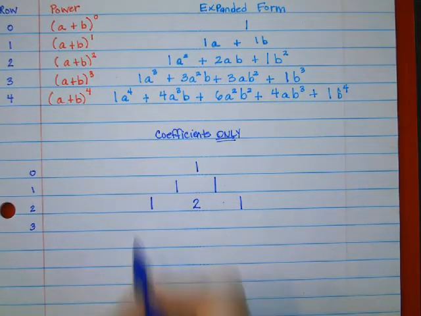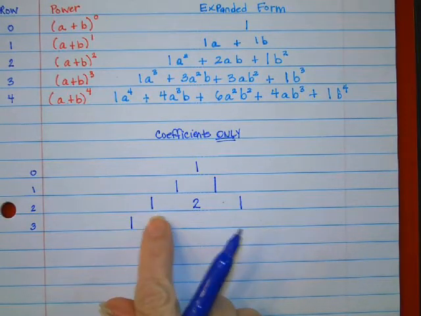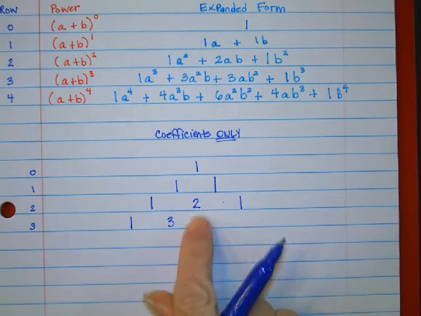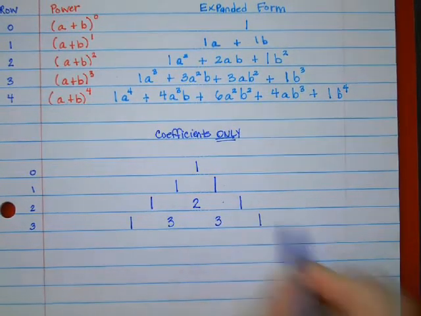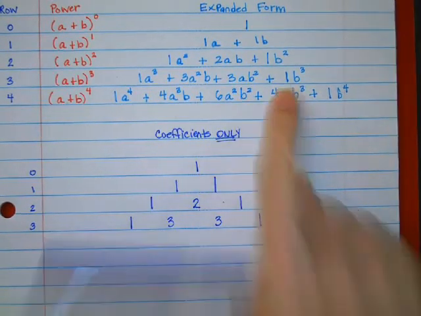So row 3, we start with 1 off to the side. We're making this long triangle. We'll add these two together. So 1 plus 2 is, that's right, 3. And 2 plus 1 is, that's right, 3. And then we end with 1. And notice, 1, 3, 3, 1.